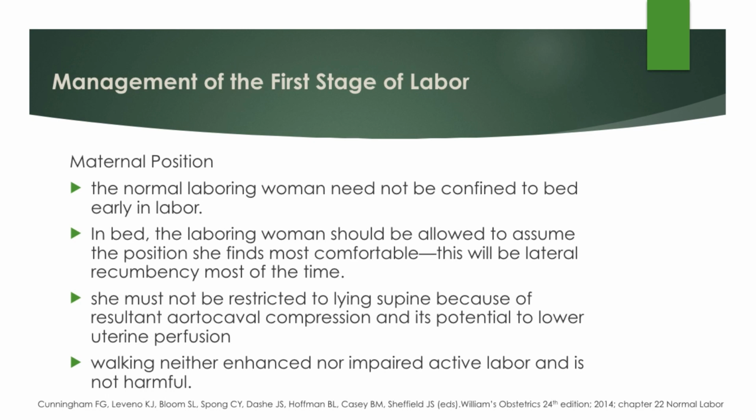And usually this will be in a lateral recumbency most of the time. And she must not be restricted to lying supine because of resultant aortocaval compression and its potential to lower uterine perfusion. Walking neither enhanced nor impaired active labor and is not harmful. So if your patient wants to walk, then you can permit her to do so as long as it's in the first stage of labor.